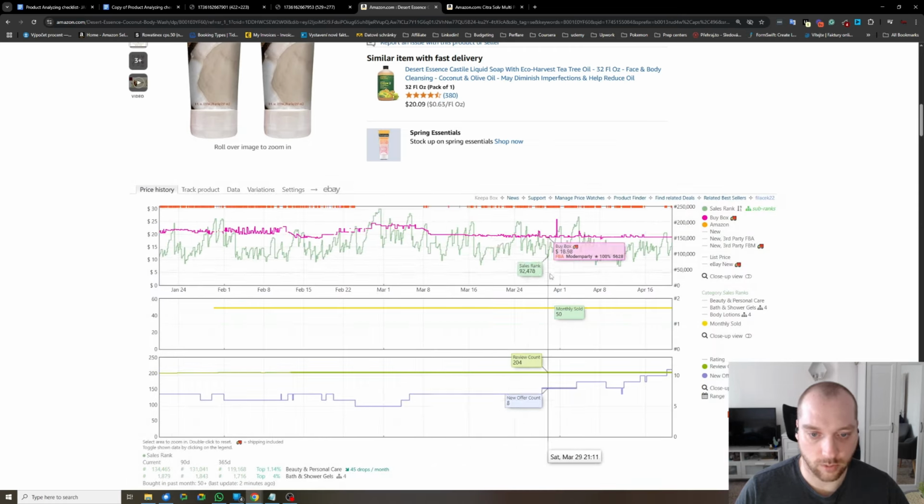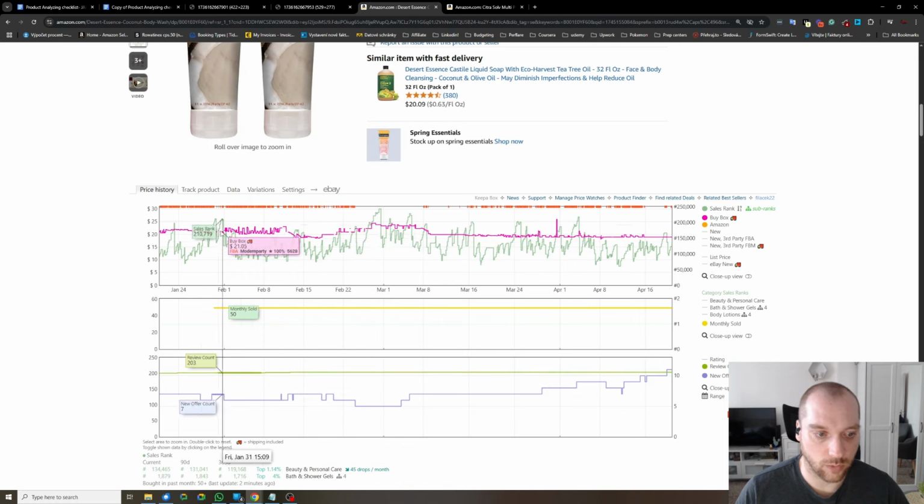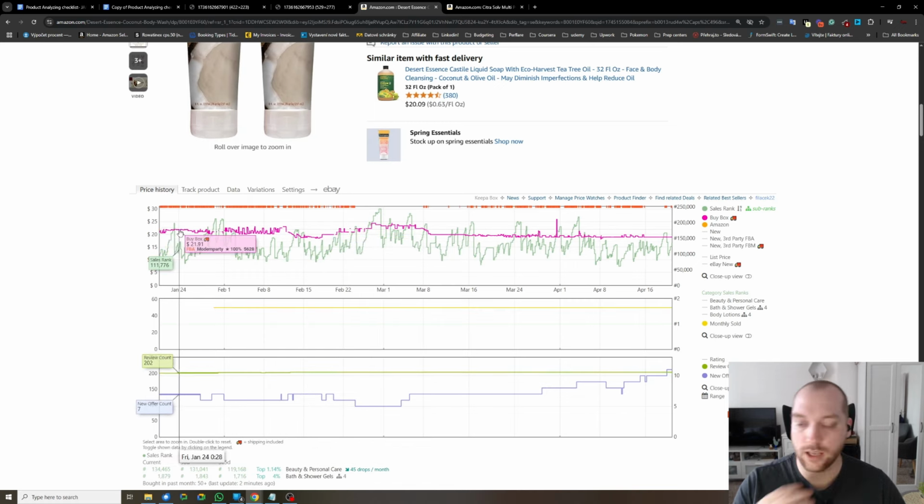And one more thing, we don't really care about something like this. If the drop was there for just a little bit, we don't really care, because as we are looking at the last 3 months, we don't care if somebody dropped the price for an hour or for a day or for a couple of days. We're trying to look at the consistency.